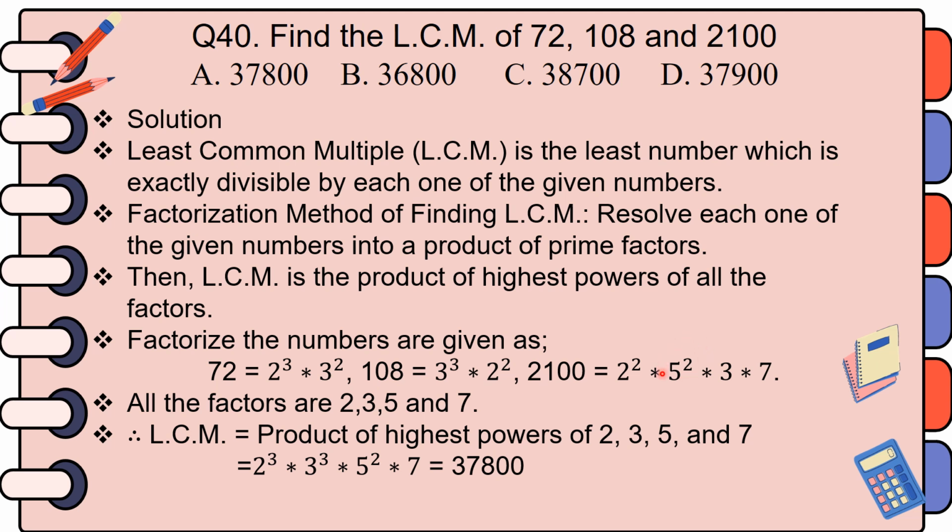Since there is 5 with the power of 2, you take 5 to the power of 2. Again, number 7 is only available on the number 2100 and its power is only 1. So you take 7 to the power of 1, or simply 7.